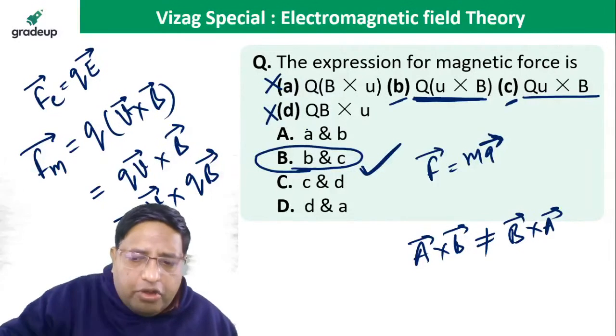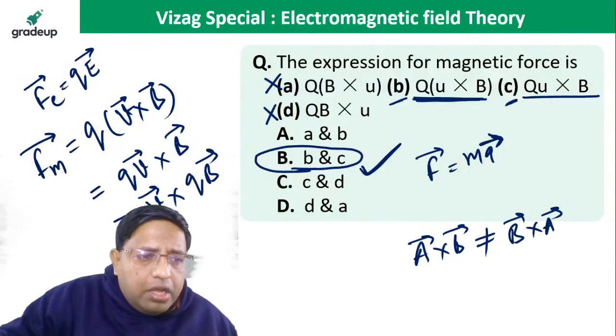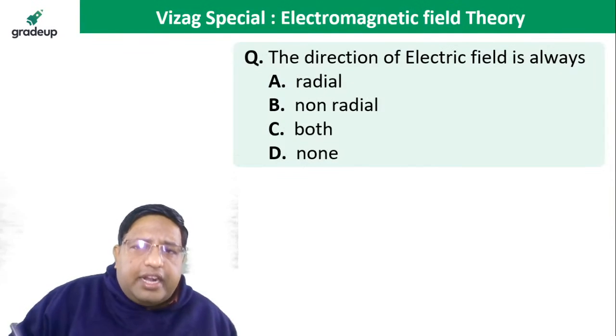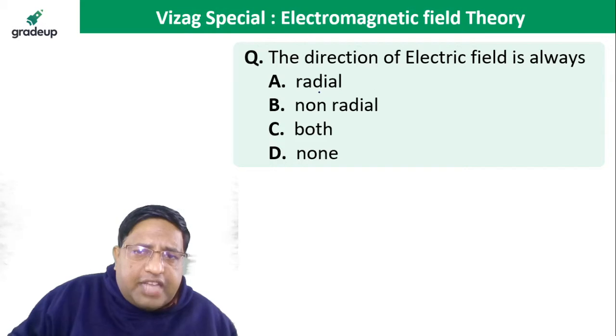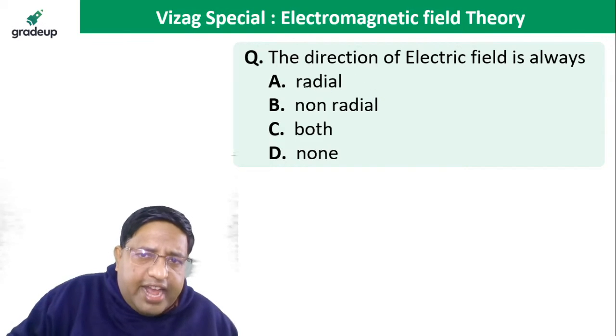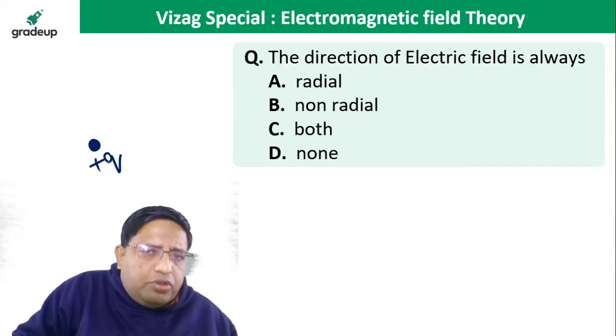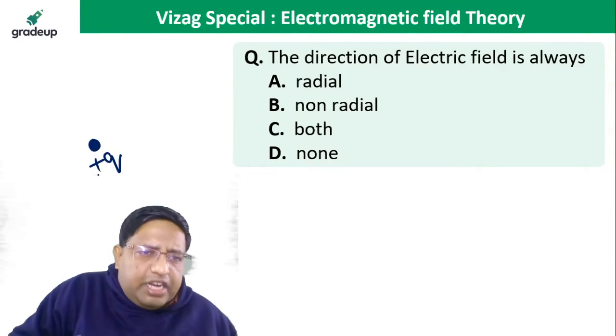Yes, Chandra. Okay. Now try to give the answer of the next question. The direction of electric field is always... What is the direction of the electric field? If there is a point charge, suppose that plus Q, what is the direction of the electric field?